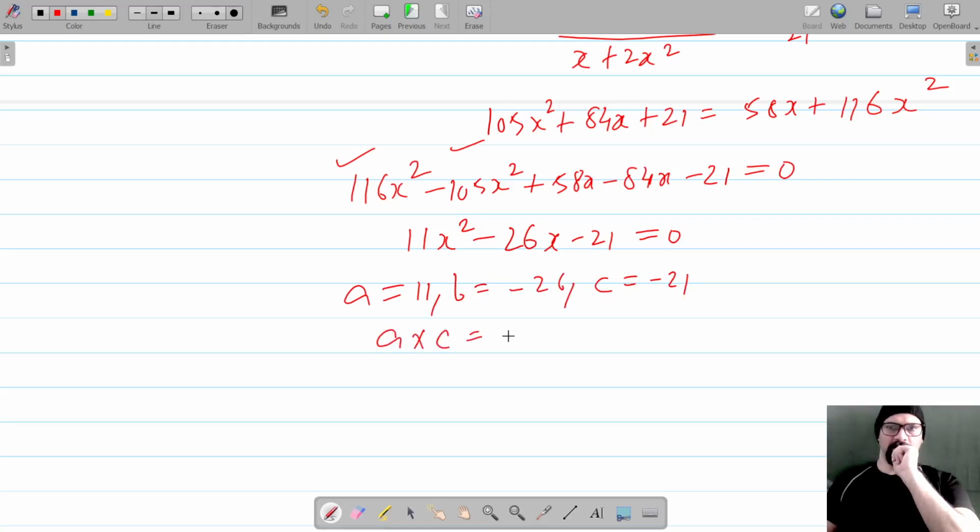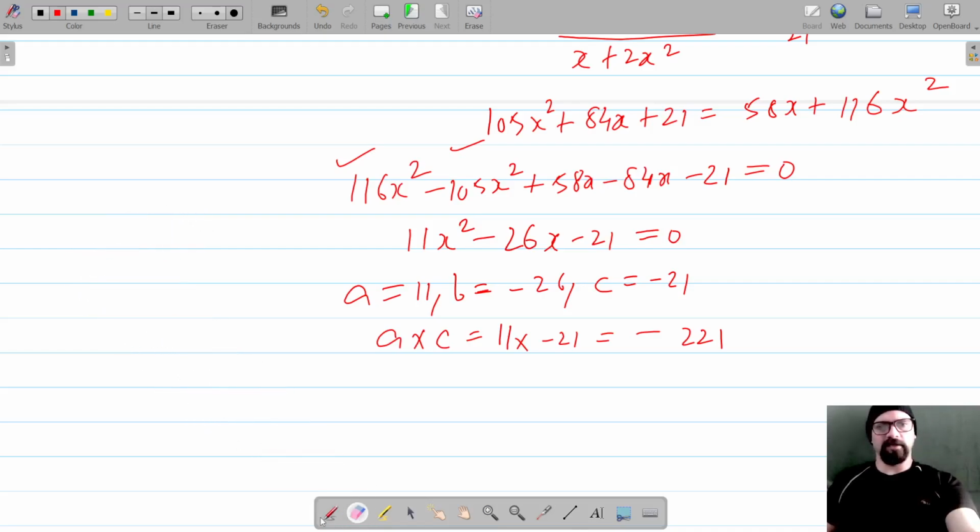And A into C is 11 into negative 21, which is negative. So 11 into 21 is 231. And we have to find the factors of 231 such that their product is 231 and their sum is 26.